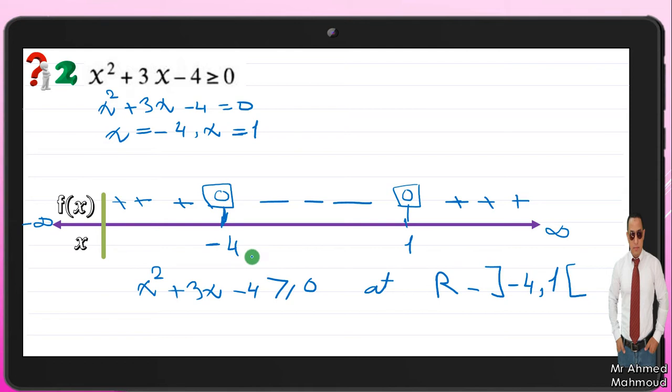Why opened? Because I need the positives and the zeros.